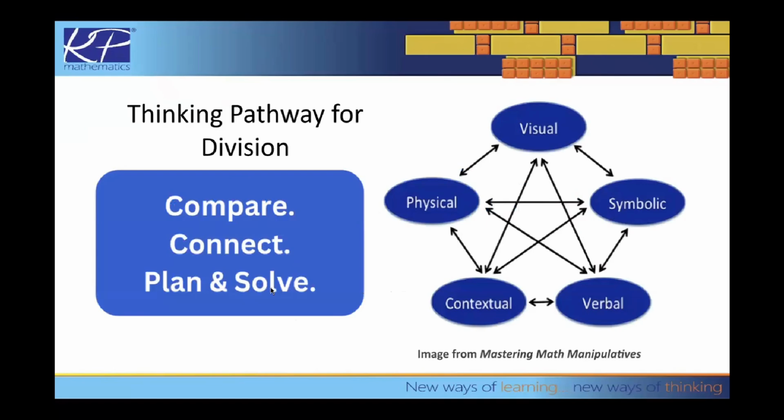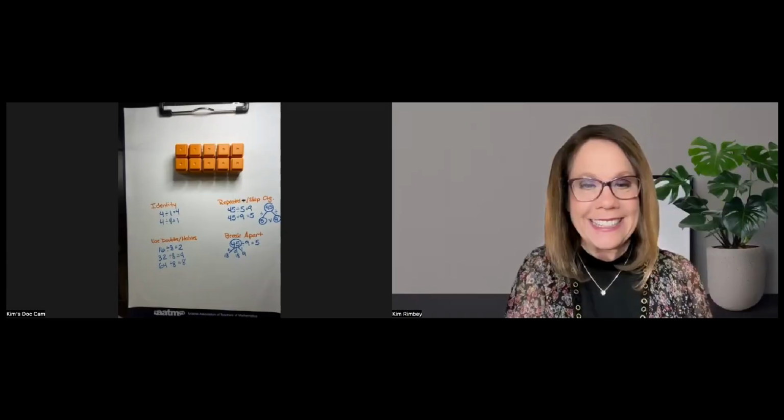And just as with all the other facts, be sure that you're leaning into all the different ways for kids to represent their thinking and focusing on those arrows, focusing on the connections between their representations.